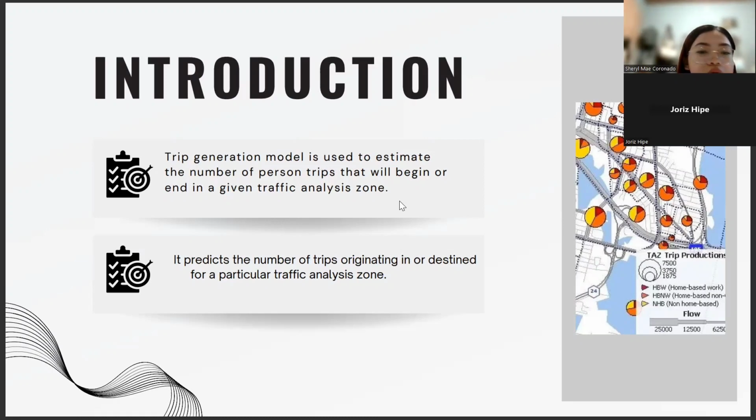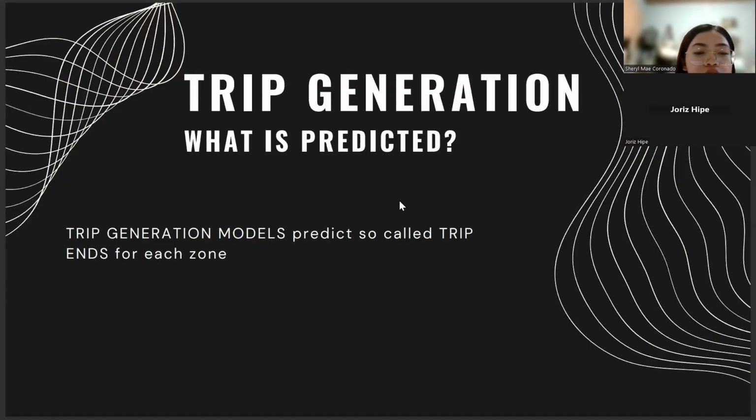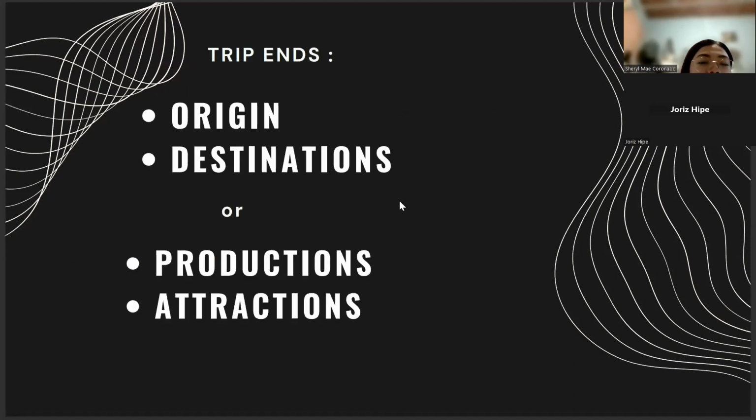So, trip generation, what is predicted? Trip generation models predict so-called trip ends for each zone. Those trip ends are origins and destinations, or productions and attractions. Every trip has two ends and we need to know where both of them are.